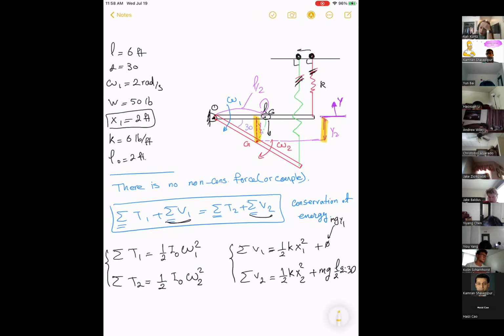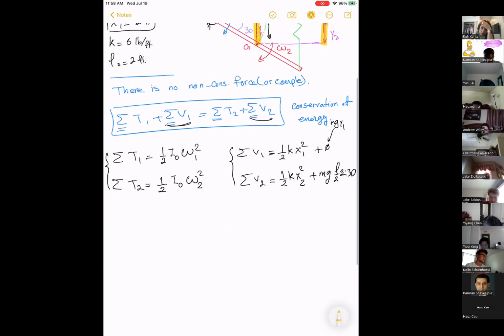Any question about this? So I found all the terms I need, and I'm going to substitute into this equation.